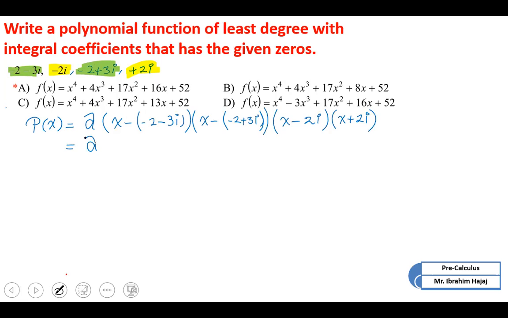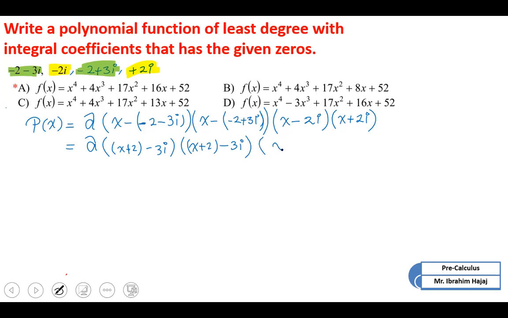Leave the a now. And let's do one trick here, guys: x minus negative 2 can be written like this, x plus 2, because negative negative is positive. So x plus 2 minus 3i, and x plus 2 in one parentheses, and then minus 3i. So now it becomes a number and its conjugate.